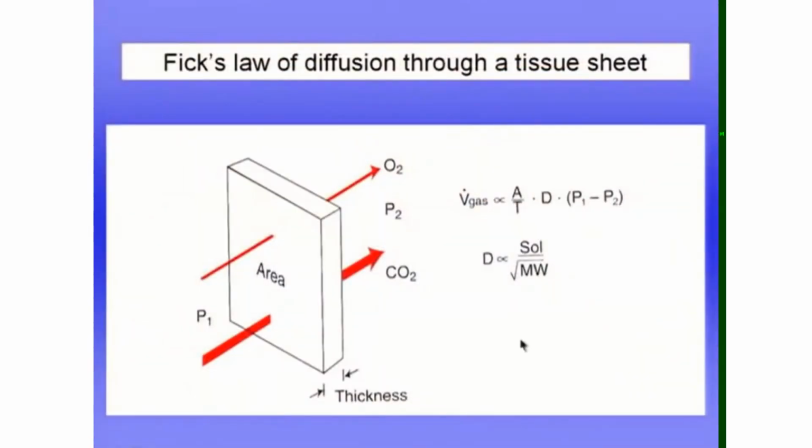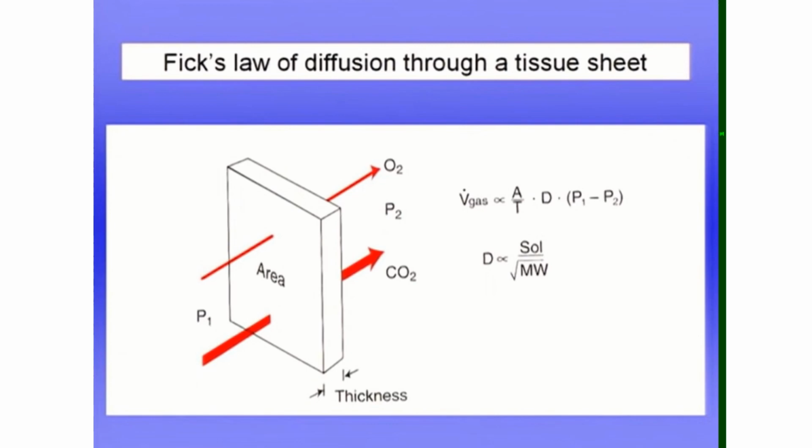So it's not surprising that the solubility is such an important factor, and the diffusivity is proportional to the solubility. But then we've got another term here, which is the square root of the molecular weight. In other words, the diffusivity is proportional to the inverse of the square root of molecular weight.